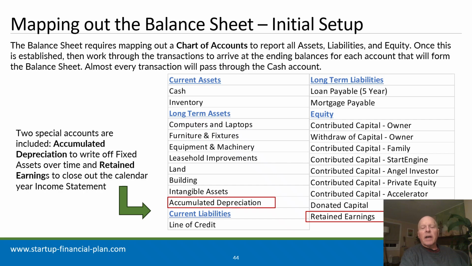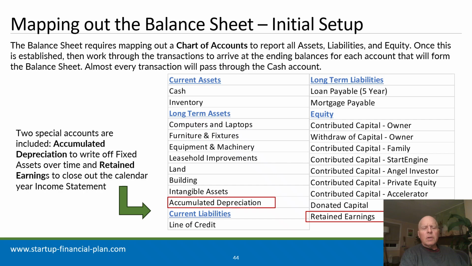Remember that I had a slide that showed you the structure, the chart of accounts. You need to map out literally all the different transactions that are going to go through your business. The template has basically a chart of accounts that works through the most common types of transactions in your business. And you're going to work through this chart of accounts and transactions that generate the balance sheet for base year 1.